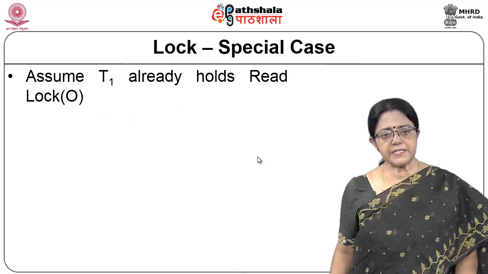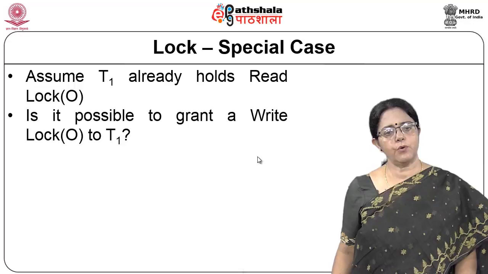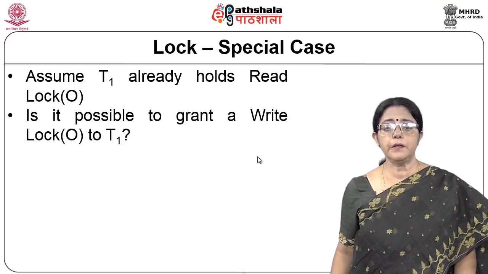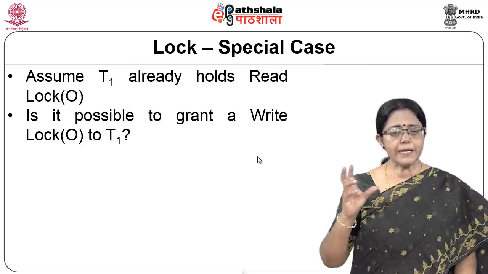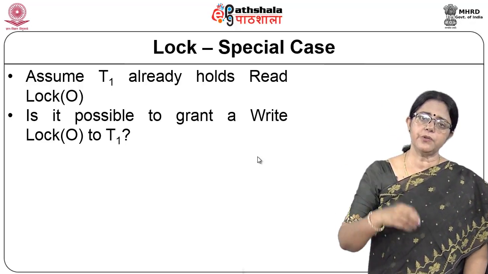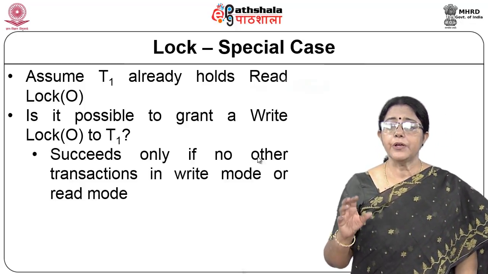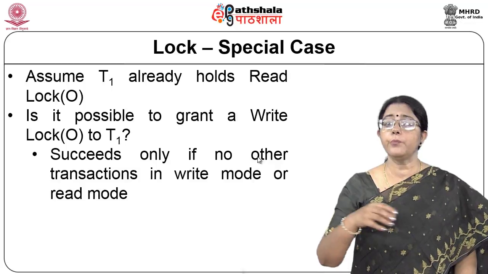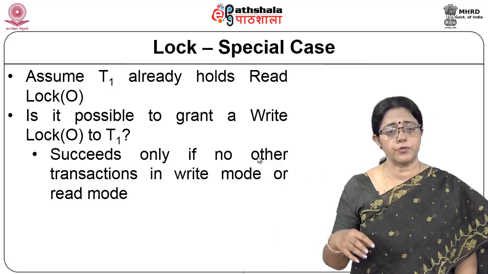Now, there is a special case. Assume that some transaction T1 already holds a lock. Is it possible to grant another type of lock to T1? So, T1 is holding a non-exclusive mode lock. Is it possible to acquire an exclusive mode lock? Yes, it is possible if we have not allowed any other non-exclusive mode lock to be implemented.